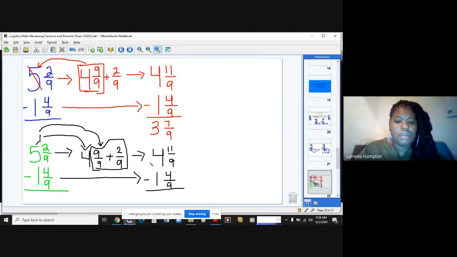Okay. So now I can go ahead and subtract because my top fraction is larger than my bottom fraction. So now it is easier for me and I am able to solve this particular fraction. All right. So 3 and 7/9 is my final answer. Okay.